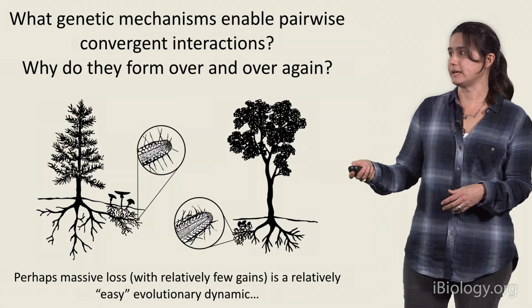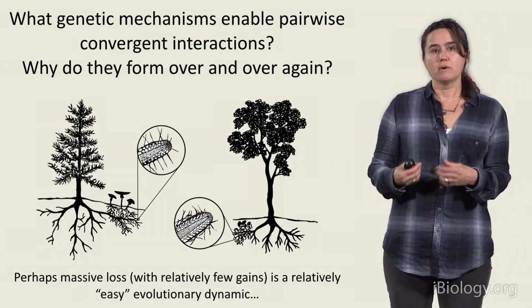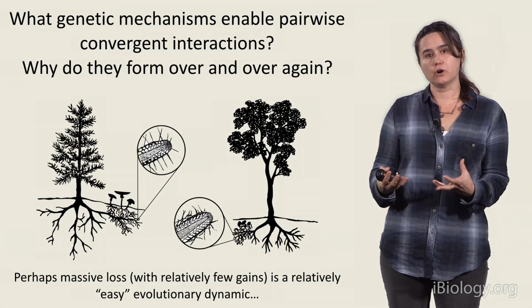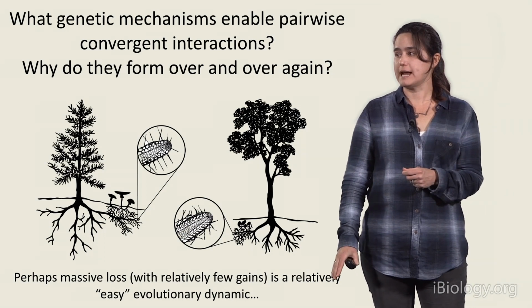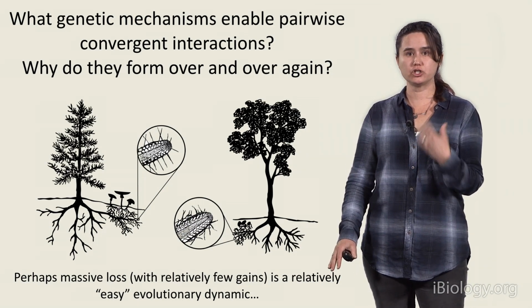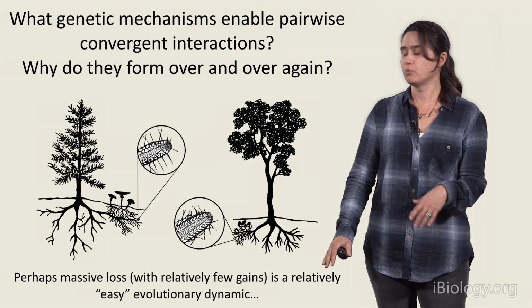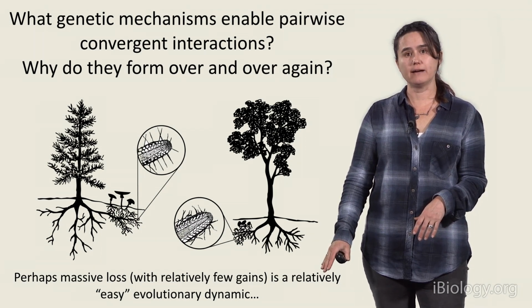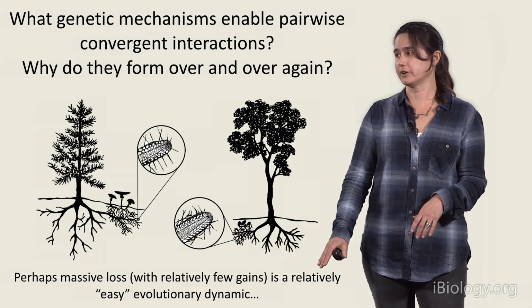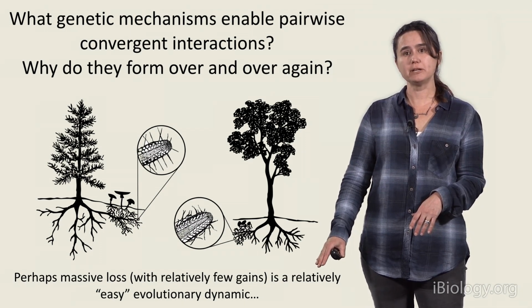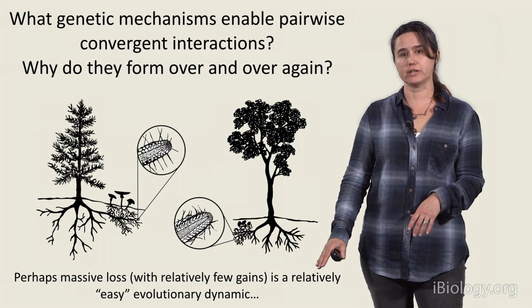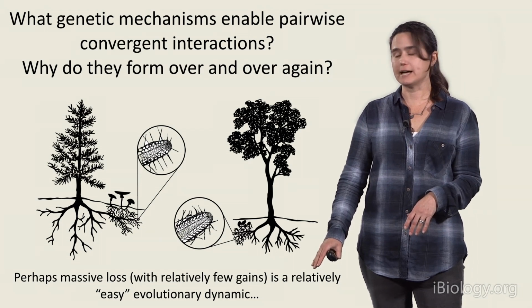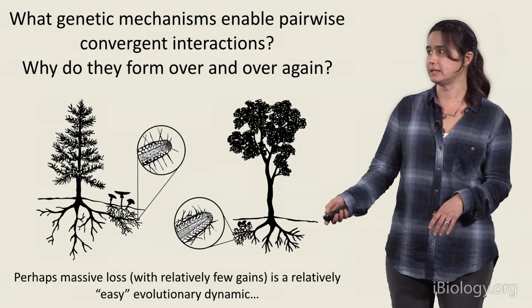But maybe they have evolved over and over again because this dynamic of the massive shedding of genes with relatively few gains is a relatively easier evolutionary dynamic than the gain of lots of different kinds of things. Maybe losing things is always easier than gaining things, and maybe that's why these things have evolved repeatedly.